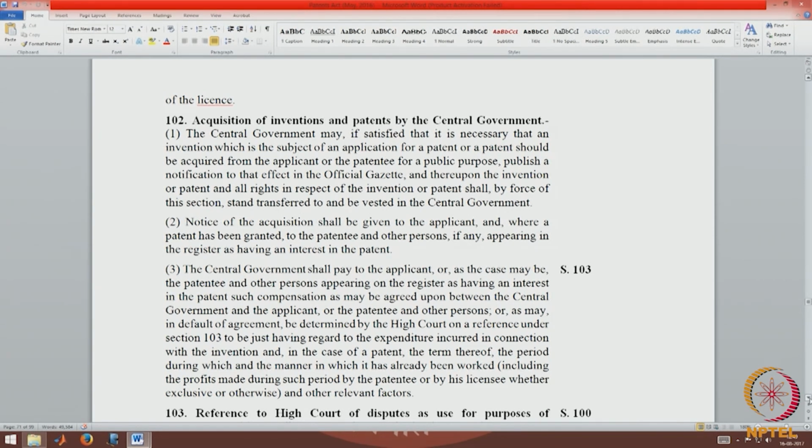So, just as in the case of an acquisition of a land, there is a provision for giving notice, and then the person will be heard, whoever has an interest, and based on certain factors, a compensation will be agreed upon between the central government and the applicant, and that would be paid.